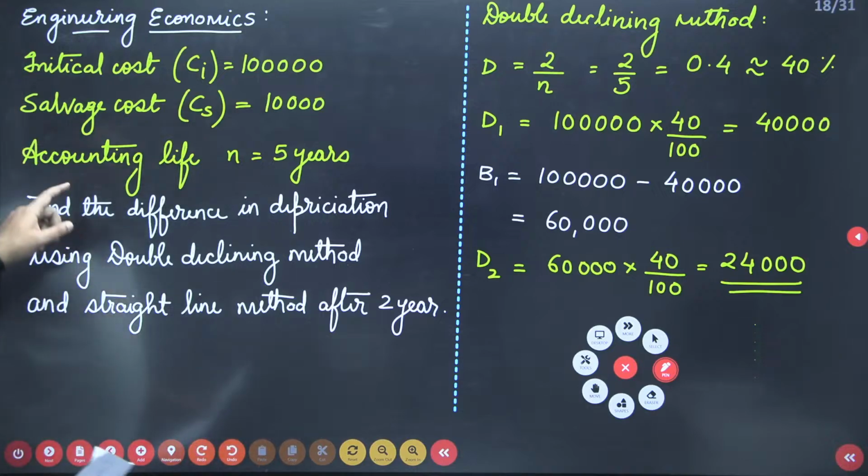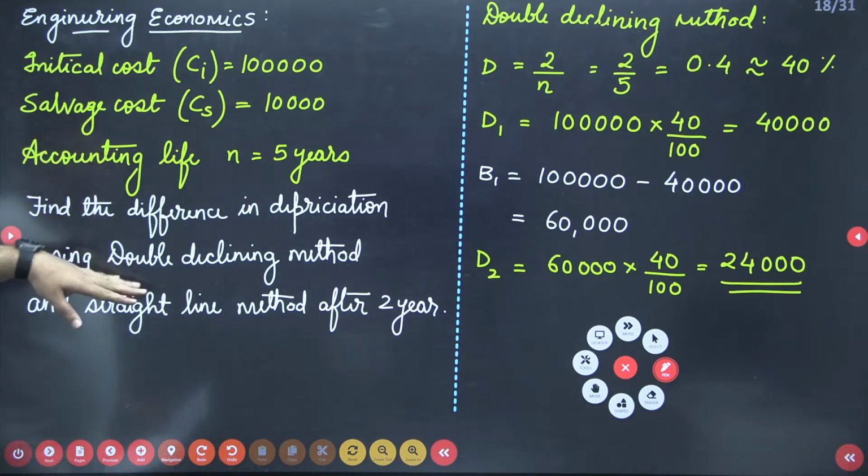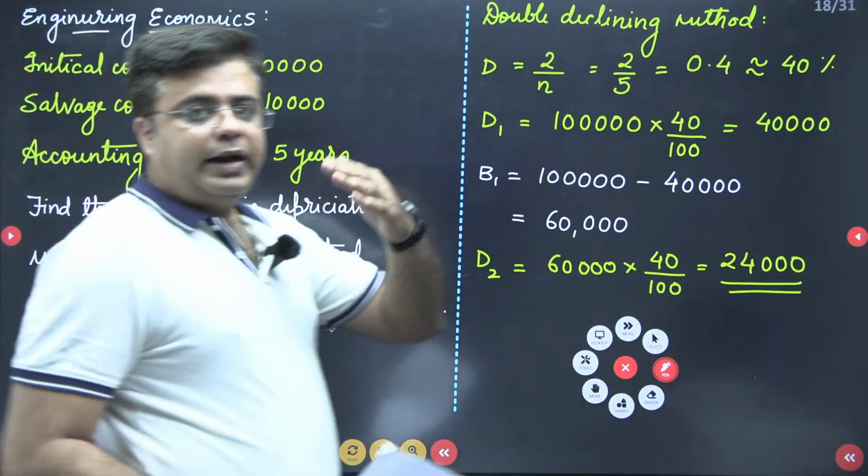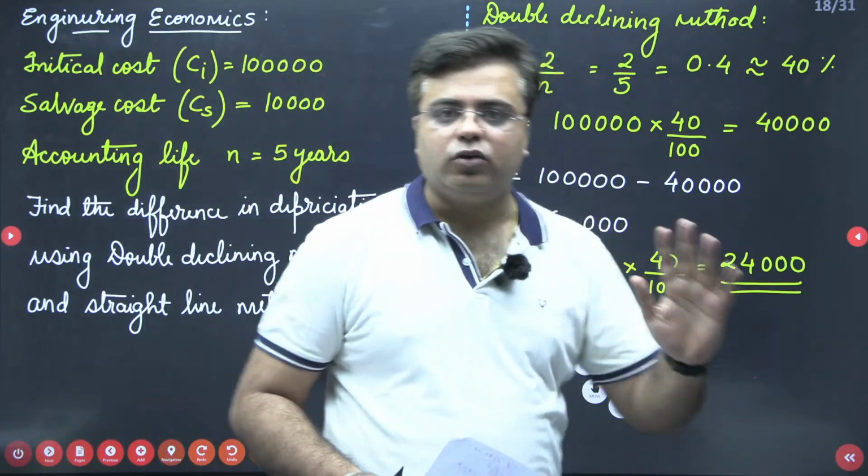Okay. Now using the straight line method, what they assume is the rate of depreciation is constant over the years.